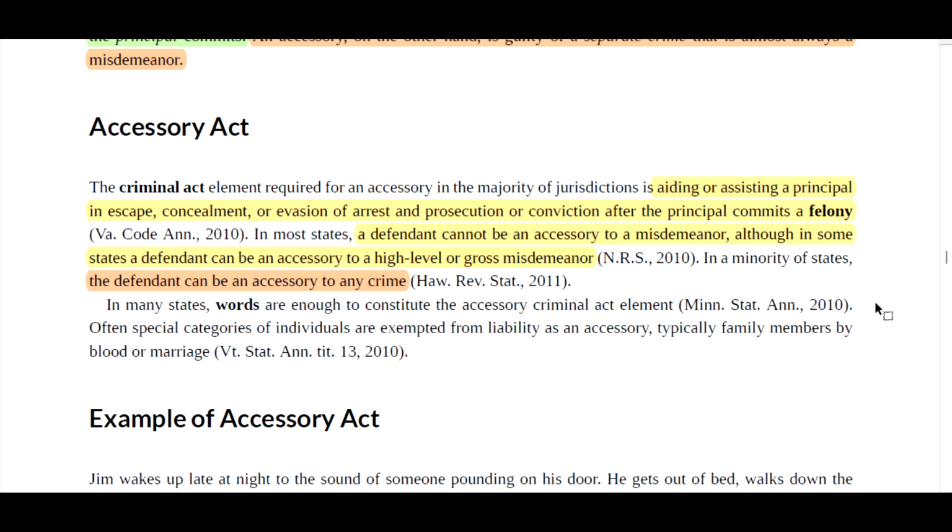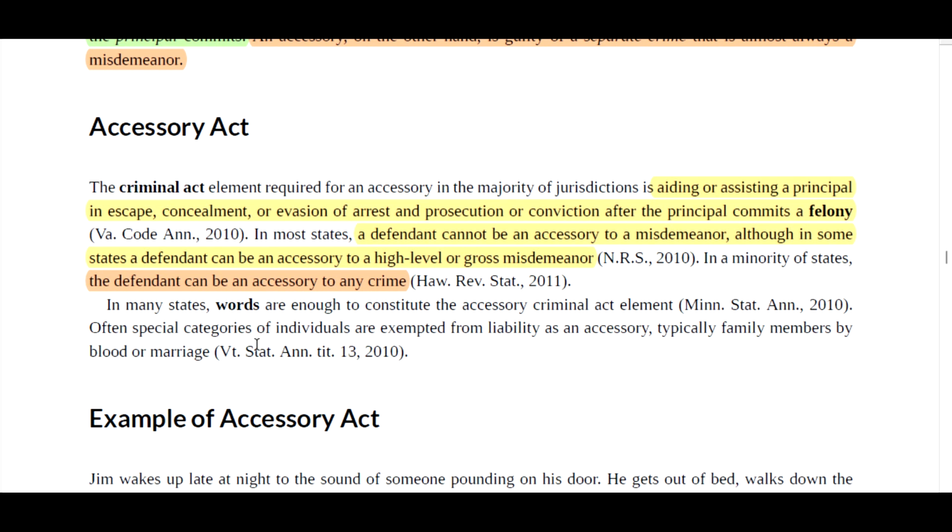In most states, a defendant cannot be an accessory to a misdemeanor, although in some states, a defendant can be an accessory to a high-level or gross misdemeanor, and we are one of those. I believe we can also hold someone as an accessory if that has been committed. In a minority of states, not us, the defendant can be an accessory to any crime. Yeah, we're not that. That's the good news.